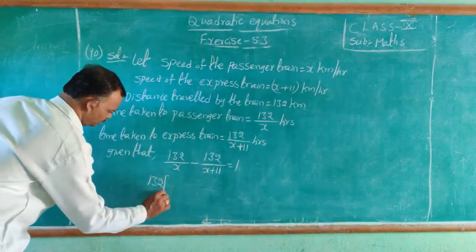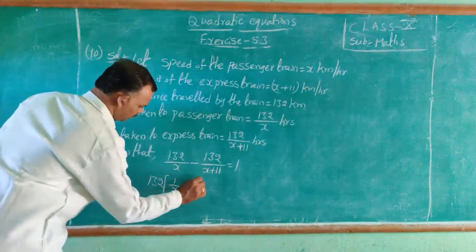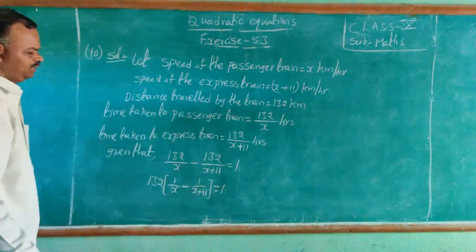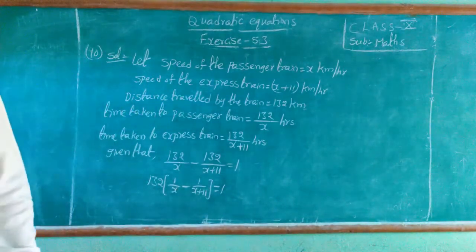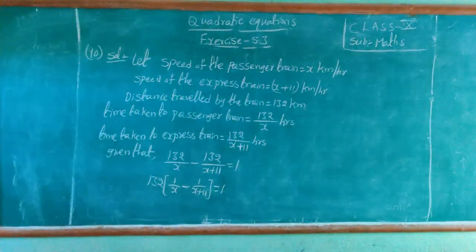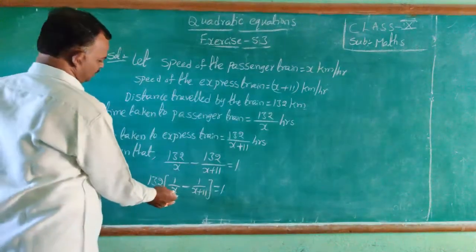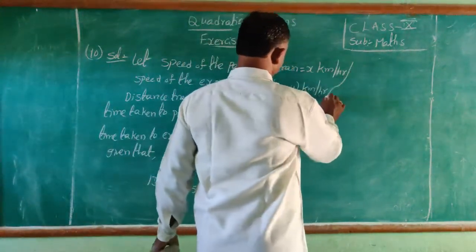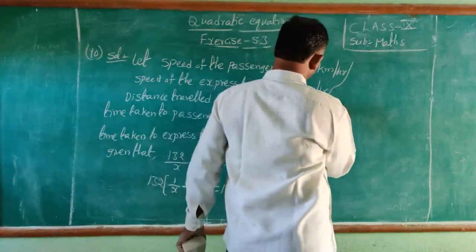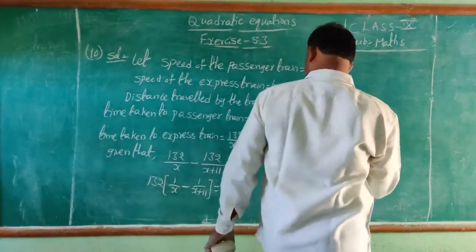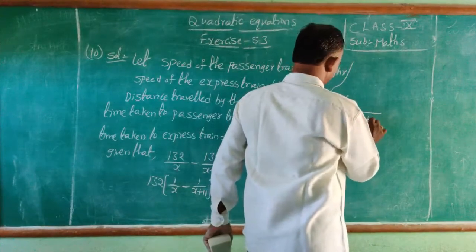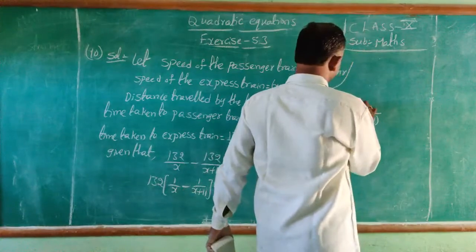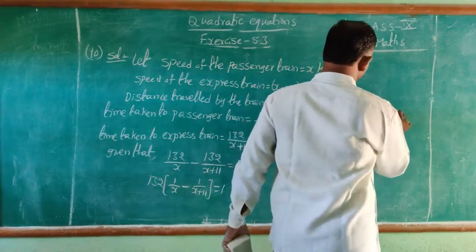Common 132, 1 by x minus 1 by x plus 11 is equal to 1. Take LCM. 132 into x plus 11 minus x over x into x plus 11 is equal to 1.